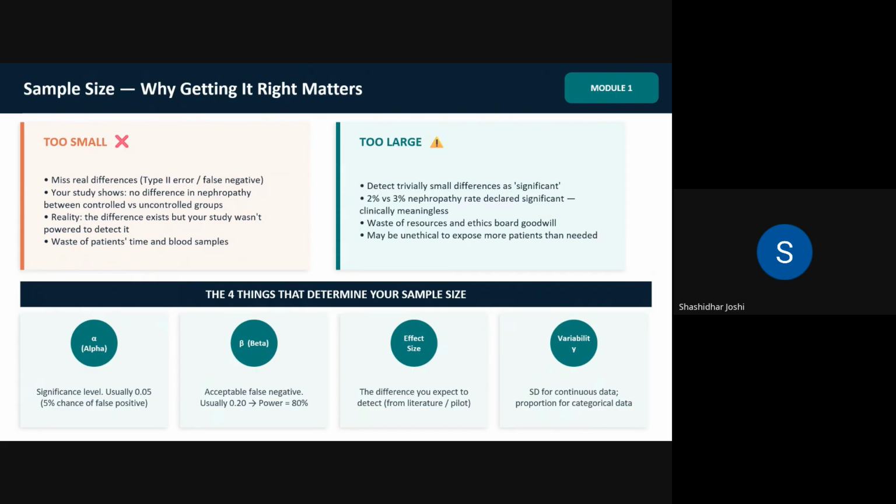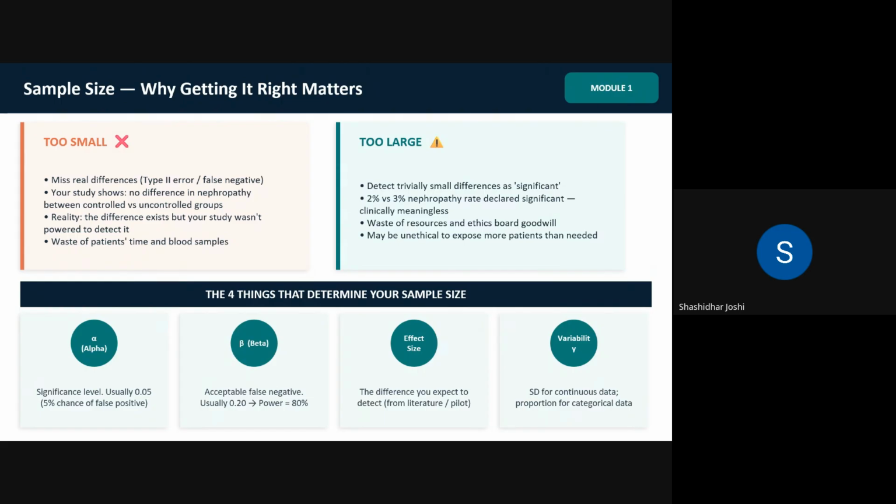One is alpha. What is alpha? Which is nothing but a false positive. In layman's language, you can say alpha is nothing but, remember these words, if your experiment proves that there is no difference, but actually in reality there is a difference, then you are committing a type 1 error, or an alpha situation.